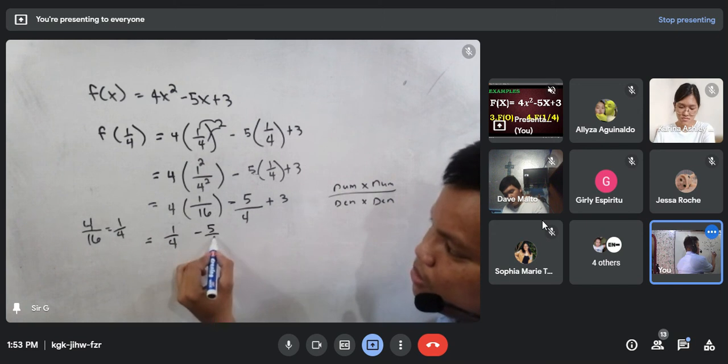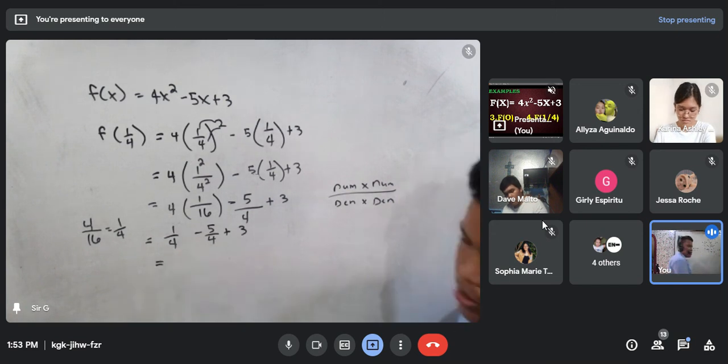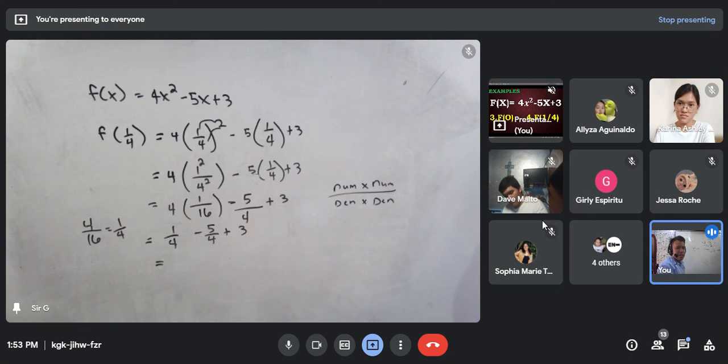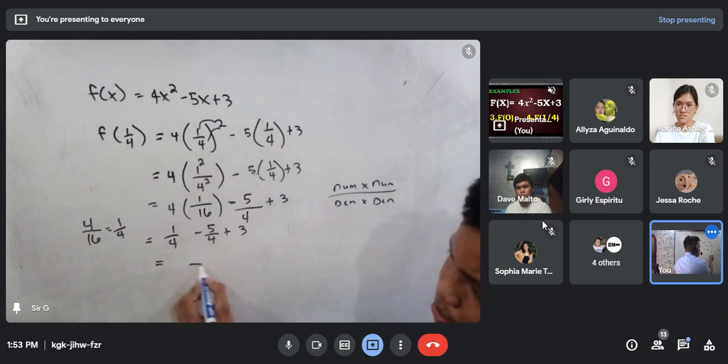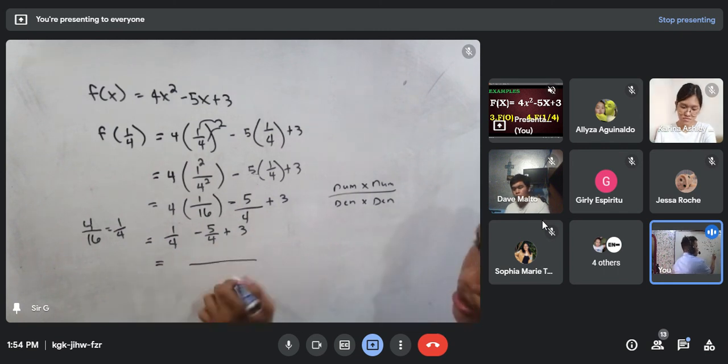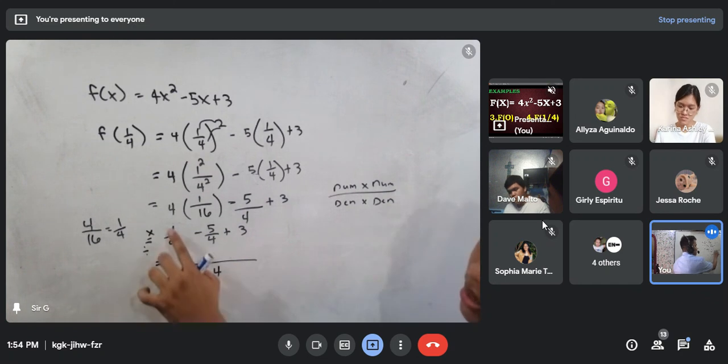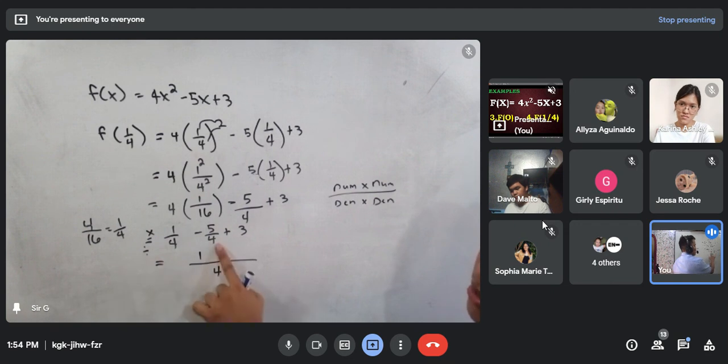Minus 5 over 4 plus 3. So, what will we do here? Using your calculator or manually, 1/4 minus 5 over 4 plus 3. I know that is basic too. When it comes to fractions, we need to unify their least common denominator. There are many steps, so I will just show you. I will get their LCD. Their LCD is 4. 4 divided by 4, then times. 4 divided by 4, 1 times 1 is equal to 1. 4 divided by 4 is equal to 1 times negative 5 is equal to negative 5.